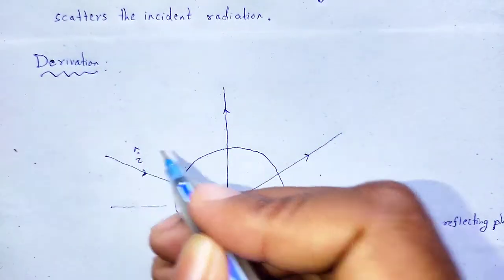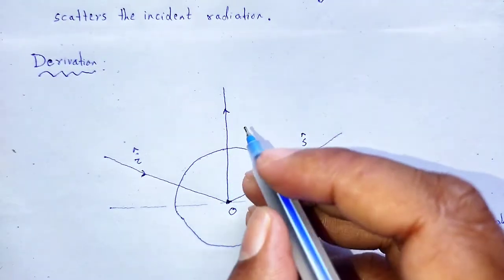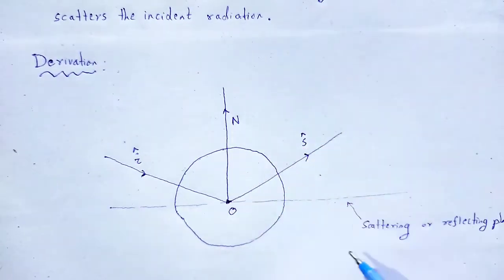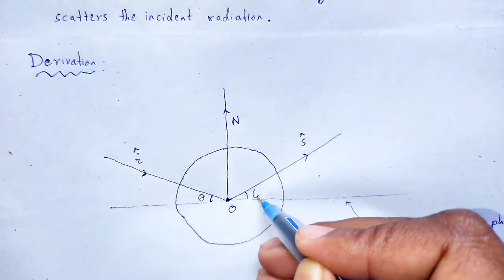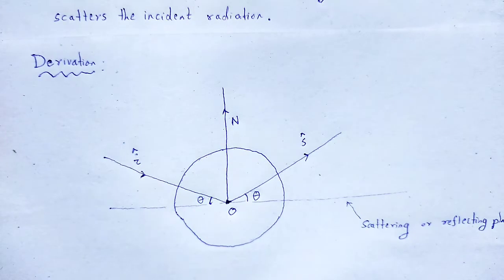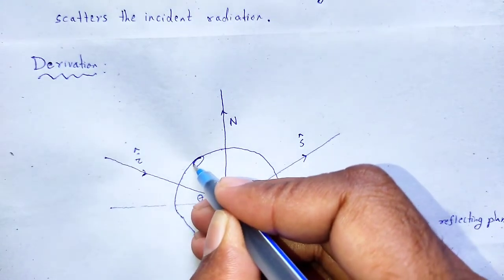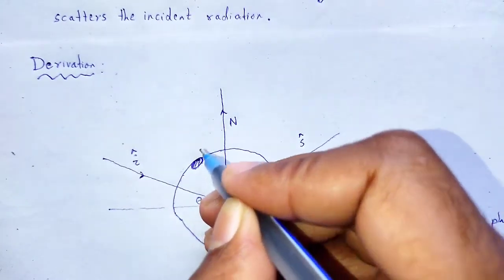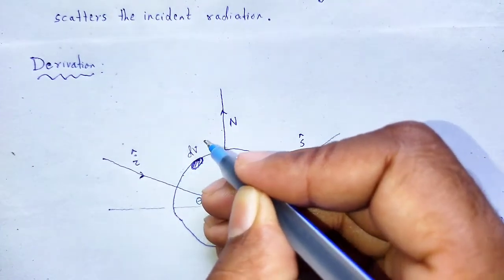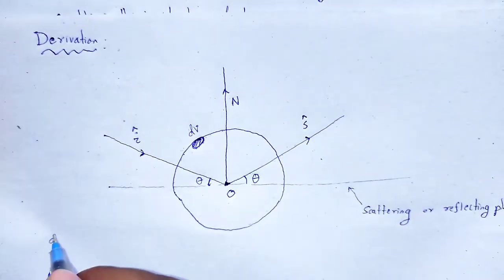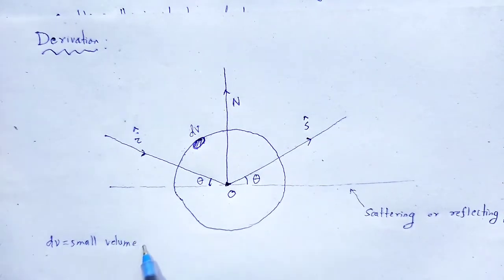Incident ray, let it be I cap, scattered ray S cap, with the normal N. It makes an angle theta here and theta there. And we consider a small volume element dV.